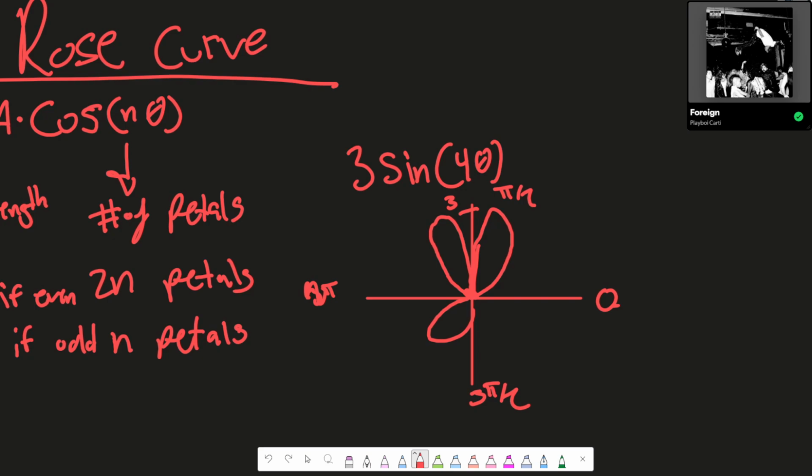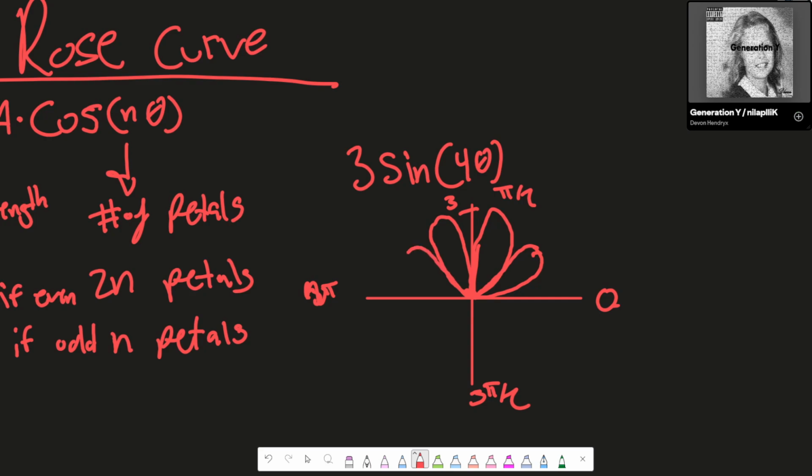You end up going to the opposite quadrant because that's the way of going negative, and you end up drawing your next petal. Then you're still negative in the next quadrant. You draw this petal, and now you'd end up repeating this process again due to the fact that it's 4 theta, and you'd be left with 8 petals.